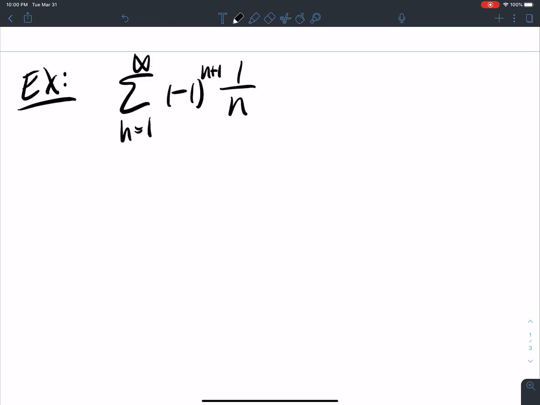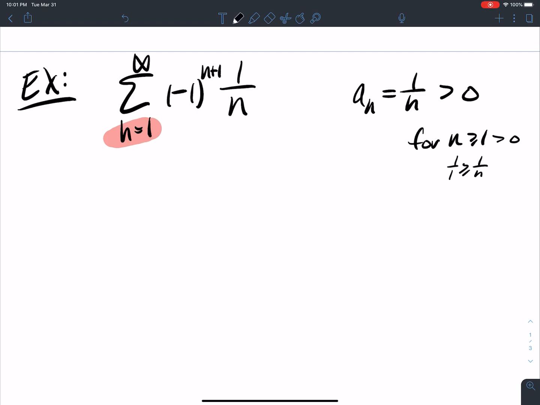To use the alternating series test, a_n needs to be positive. a_n is defined to be 1 over n. By golly, this is greater than 0 for n greater than or equal to 1, since we start at n equal to 1, so we're good to go. 1 is greater than 0, and so the reciprocal is definitely greater than 0.